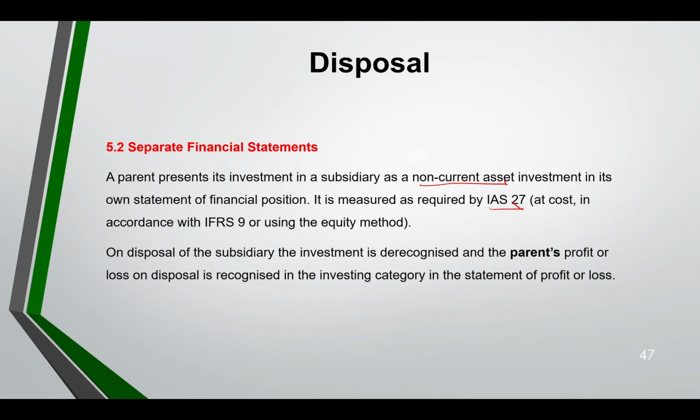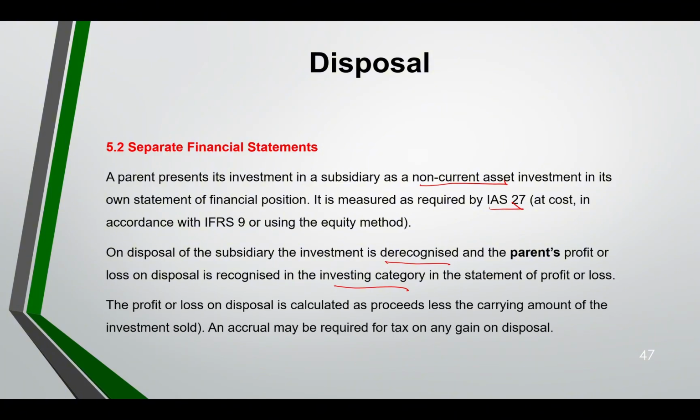When you dispose the subsidiary, investment is derecognized and the parent's profit or loss on that disposal you will recognize in the investing category in your profit and loss. Why investing category? Because normally when we dispose subsidiary, we have held the subsidiary for an investing purpose. We do not use it for operating purpose. It's not our everyday revenue that we keep on buying or selling subsidiary. So investing. Then any profit and loss is calculated as proceeds minus the carrying amount of the investment sold.